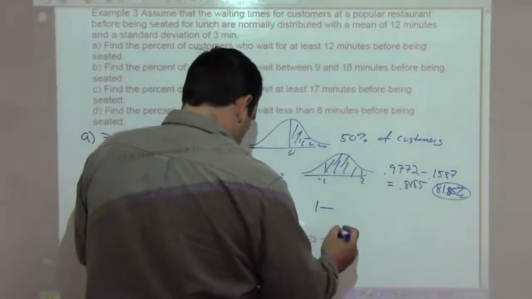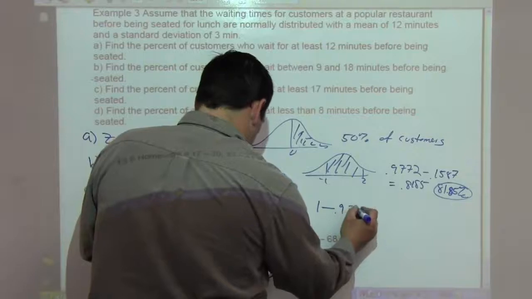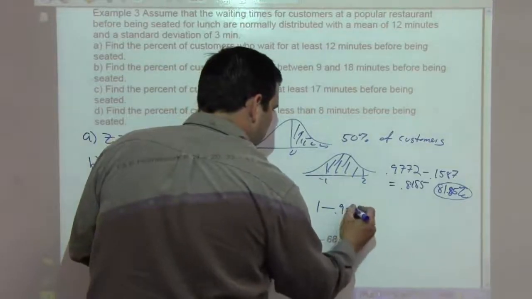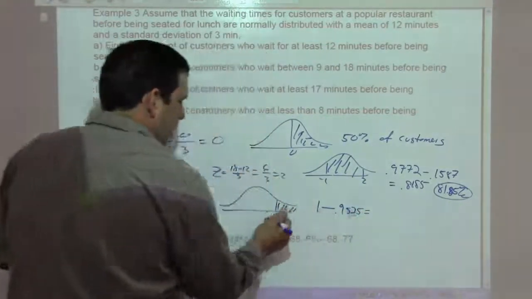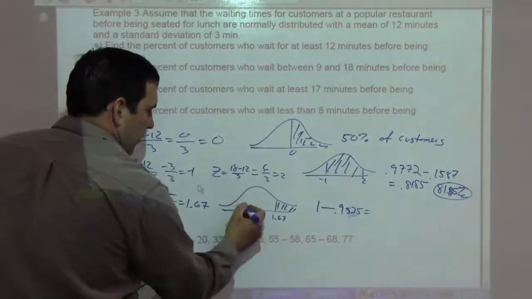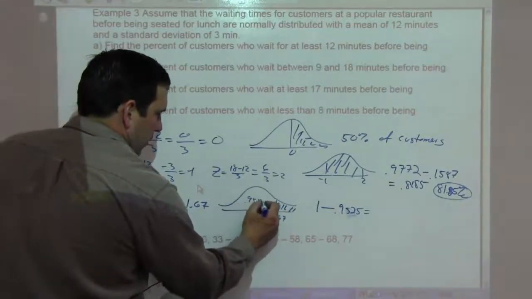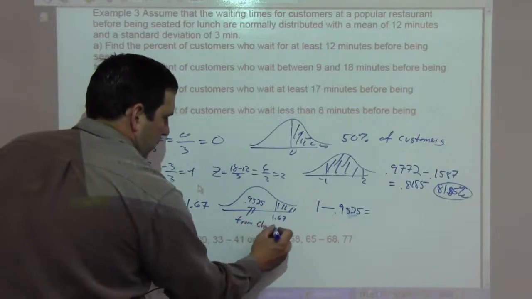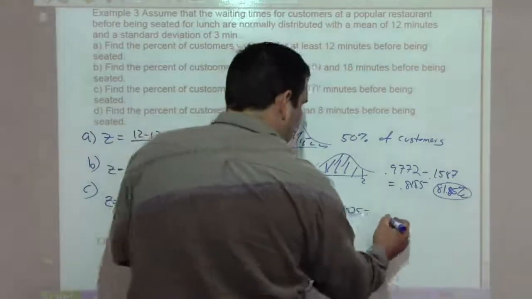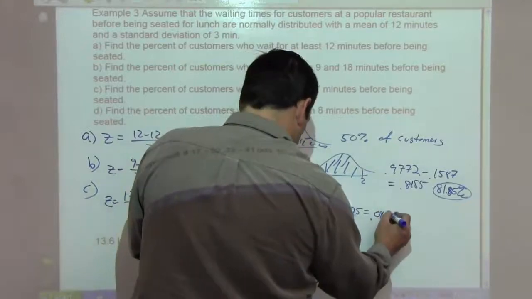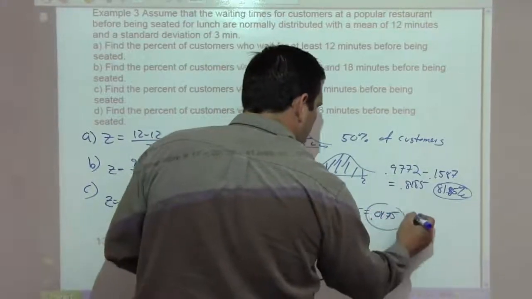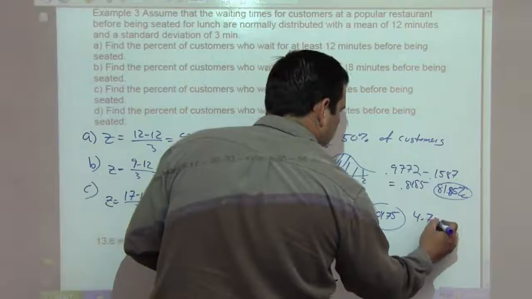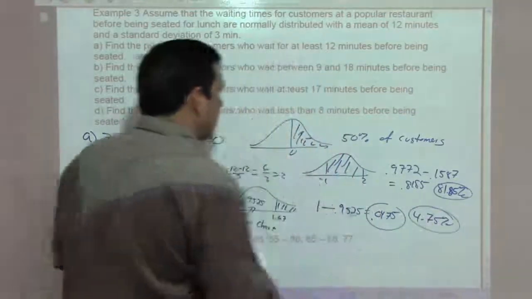So it's going to be 1 minus 0.9525. You look that up in the chart. That area is 0.9525. And what do we have? 0.0475. Or 4.75% are going to wait more than 17 minutes.